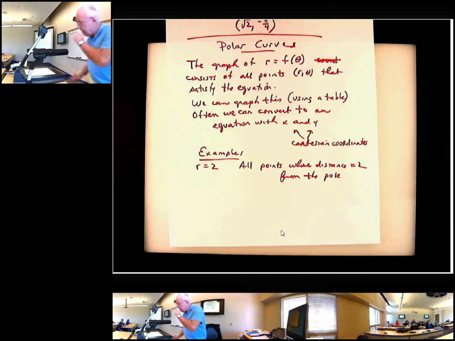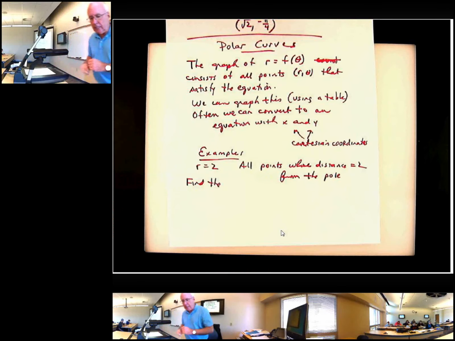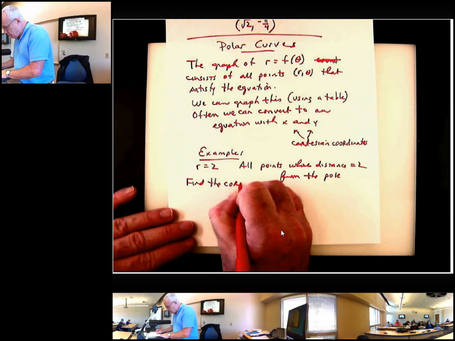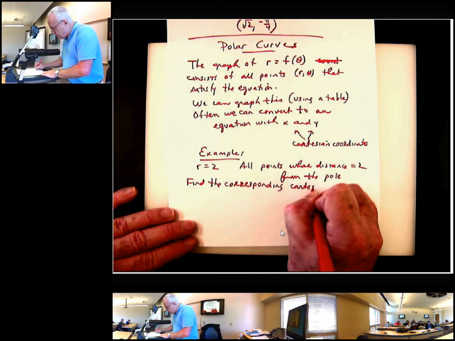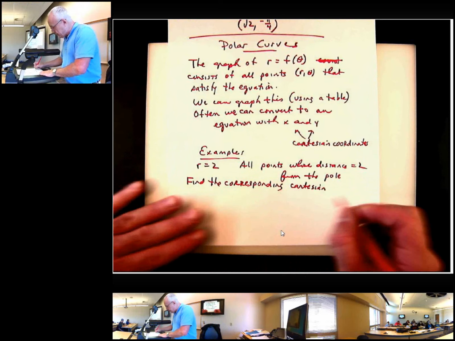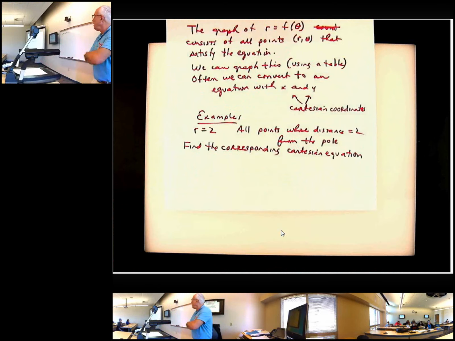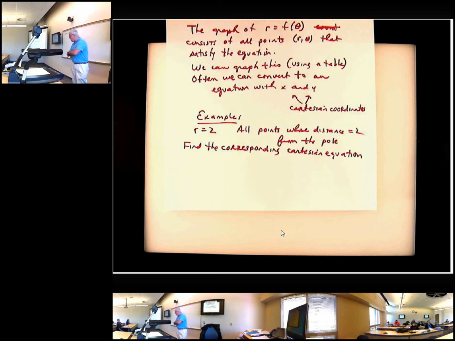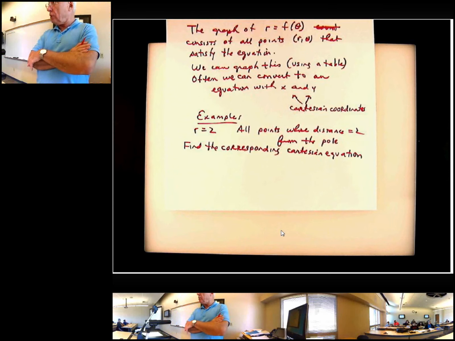What about then, say you were asked to find the corresponding Cartesian equation. Now, Cartesian just means that we're talking about the x's and the y's. Well, what do we know about r with respect to the x's and the y's? It's equal to the square root of x squared plus y squared, right?